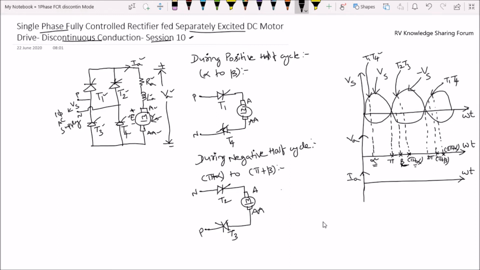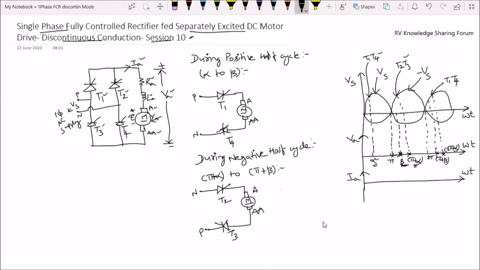At an angle of pi plus alpha, the current starts flowing from pi plus alpha to 2 pi plus alpha in the thyristors T2 and T3. Therefore, there is no discontinuity, or no current coming to zero at any angle from one mode to another mode. Whereas in this case, the current becomes zero at an angle of beta, which is flowing through T1, T4.